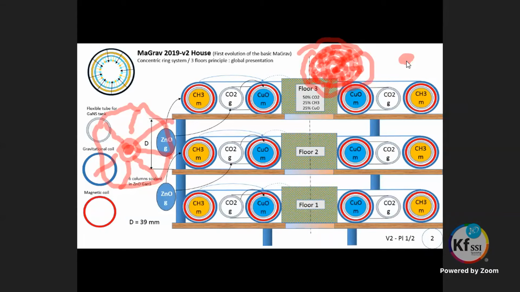Because outside, as it goes, it weakens. But the gravitational, it gets stronger. That's all I'm explaining.